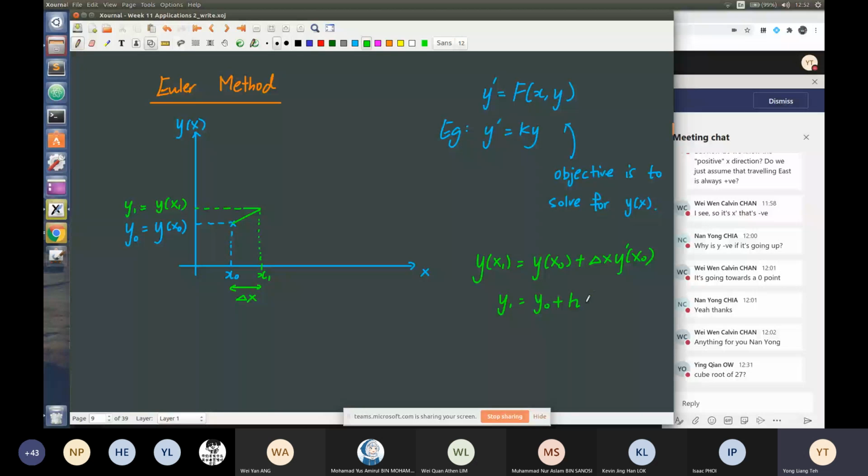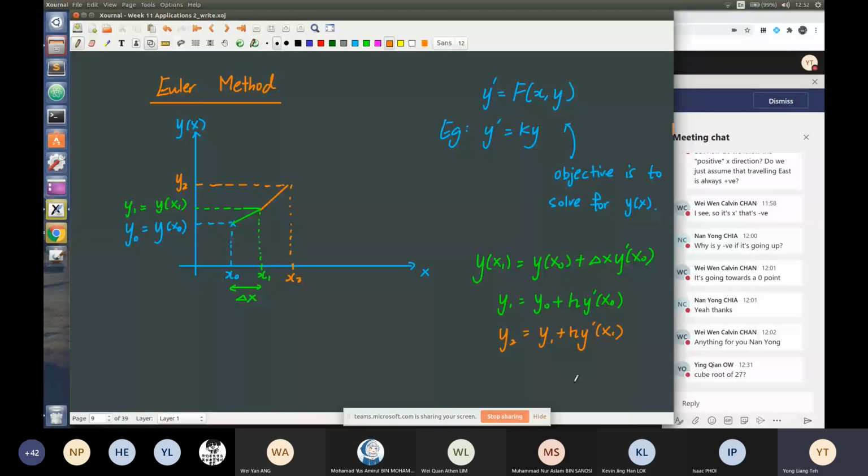So h multiplied by y prime at x naught. You can do this once, you can do this twice. Let's say you want to go to x2. You know the gradient, you can calculate that. So you get y2, equal to projecting from y1 plus taking a step, multiplied by the y prime at x1.